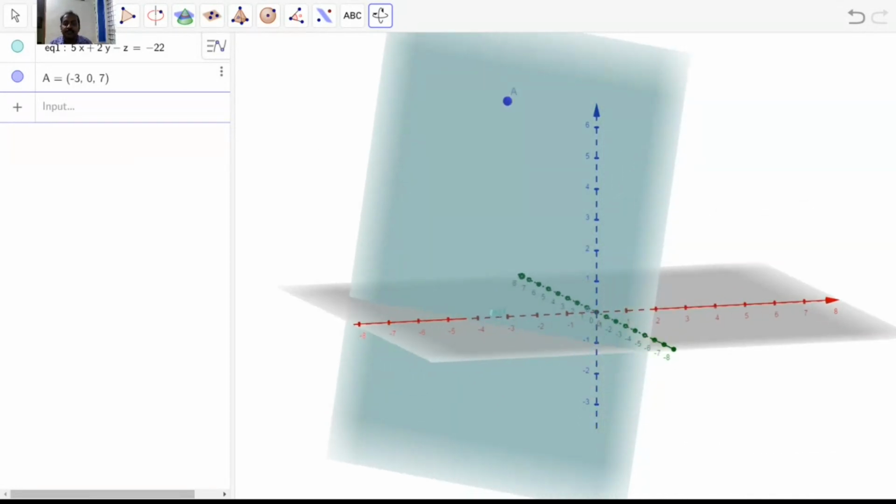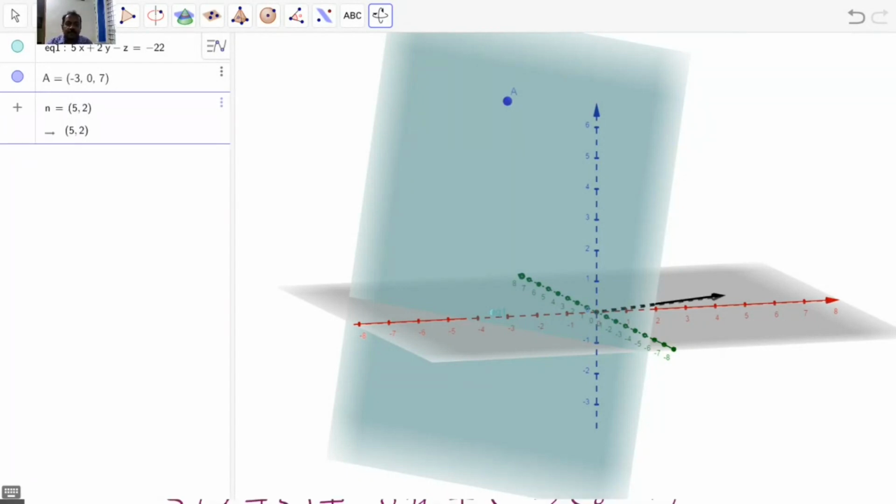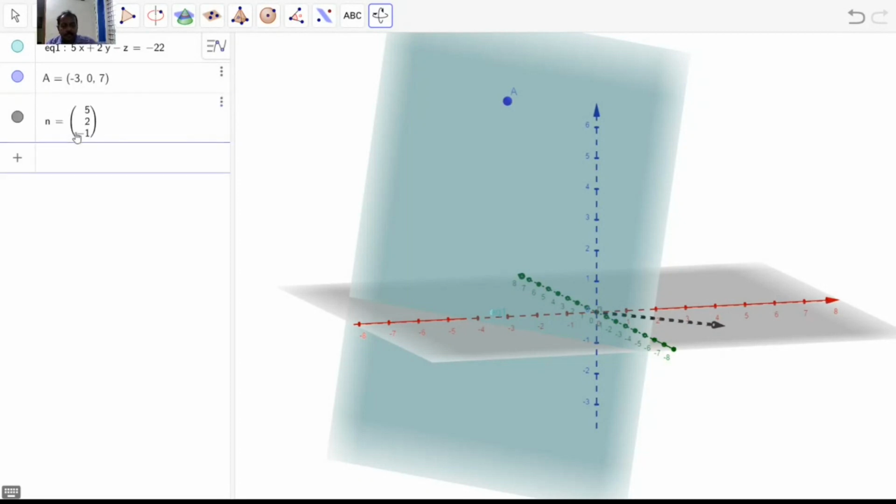And you draw the vector n equal to 5i plus 2j minus k, so n is equal to 5, 2, minus 1. Enter.